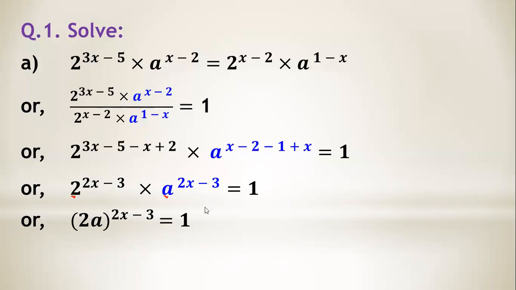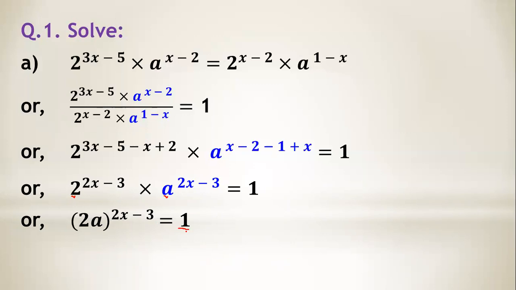Now as we are looking for the value of x, let's think further, how can we go ahead? If you think precisely, there is 1 on the right hand side, isn't it?